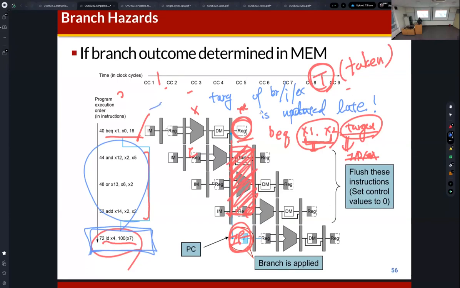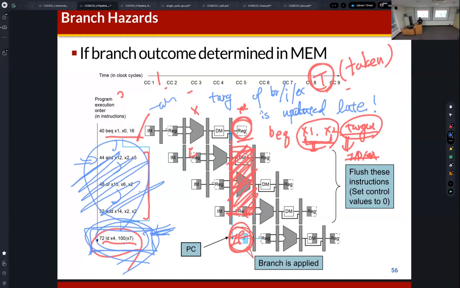The branch is taken, but the processor thinks that the branch is not taken. So the processor fetches the very next instruction and the next instruction, because it does not know the condition of the branch instruction. But when the PC is updated by the target of the branch instruction, this is the correct instruction, and these instructions are incorrect. So the processor needs to cancel these instructions.